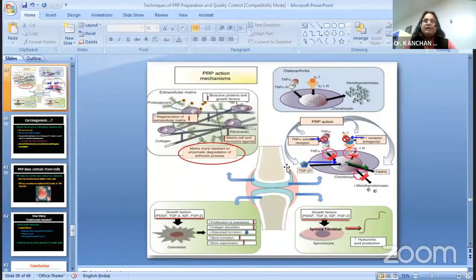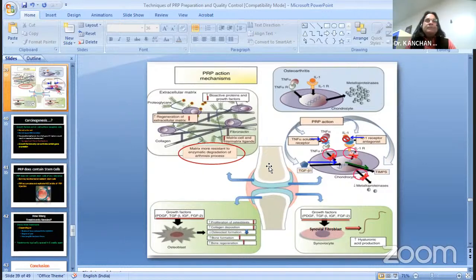Again, the platelets have growth factors like PDGF, TGF, and insulin-like growth factor. They increase synovial fluid fibroblast and hyaluronic acid production. They again increase bone regeneration, bone formation, collagen deposition, proliferation of the osteoblasts, and they decrease osteoclast formation, right?